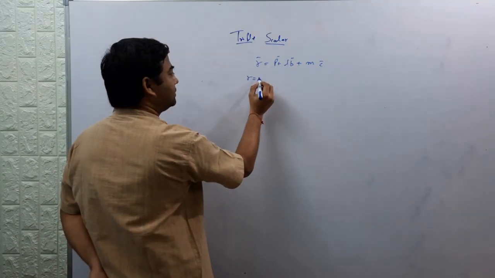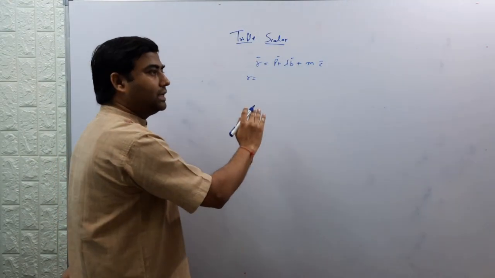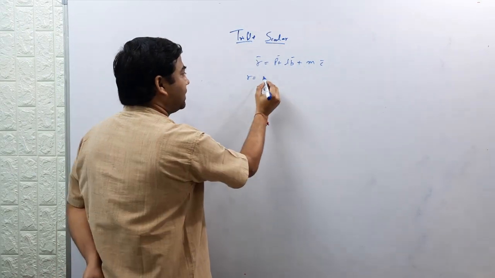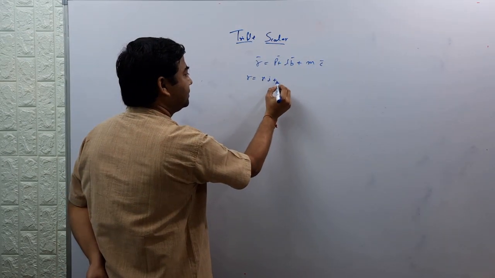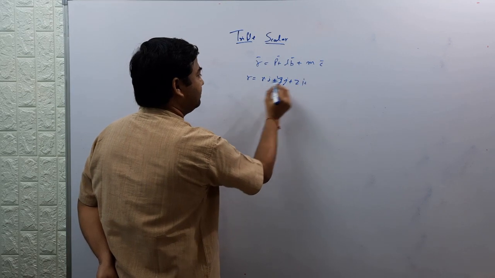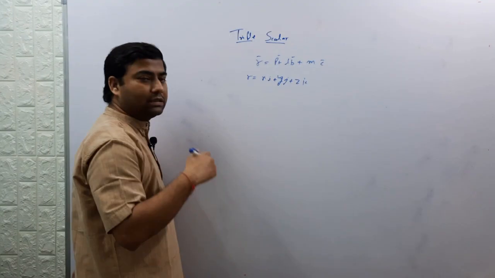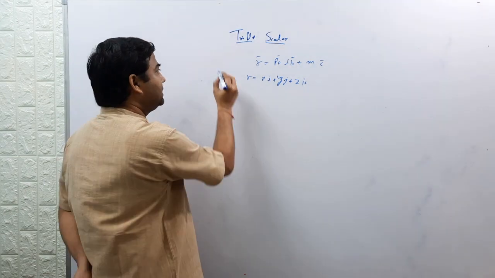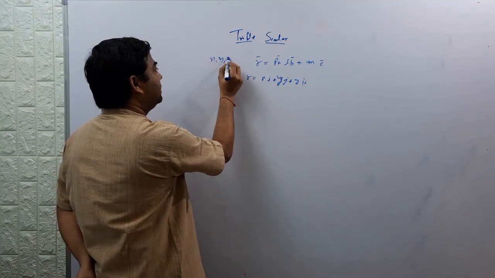Put R in component form, as we have done in the equation of a line. R is equal to xi plus yj plus zk, because R is the position vector of a general point, and the general point is (x, y, z).